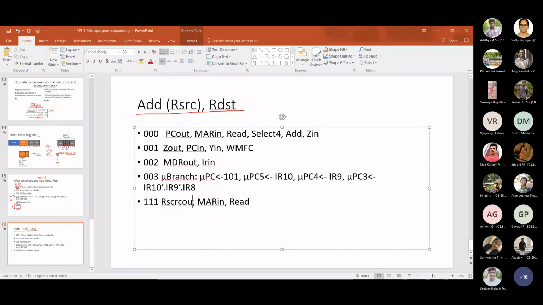I hope this is complete. R source out, MARN, Read. So that will be the instruction present in the 111 address location. Now, after that, what? We have put it in the MAR register. We have activated the read signal. Then in 112, what should we have?